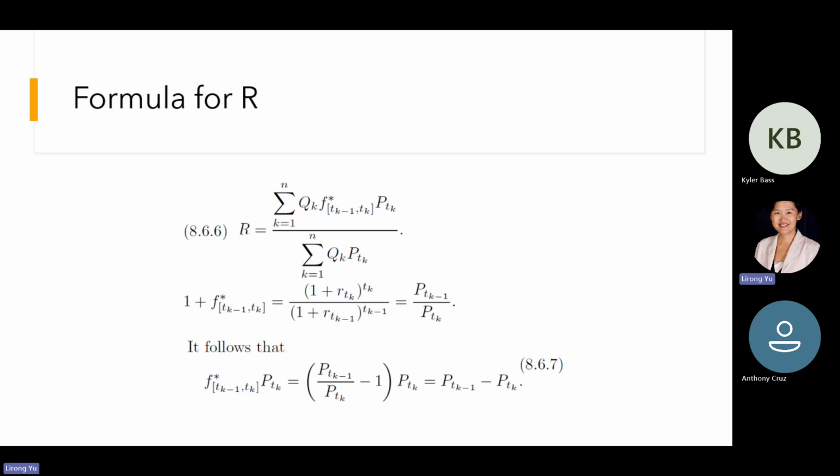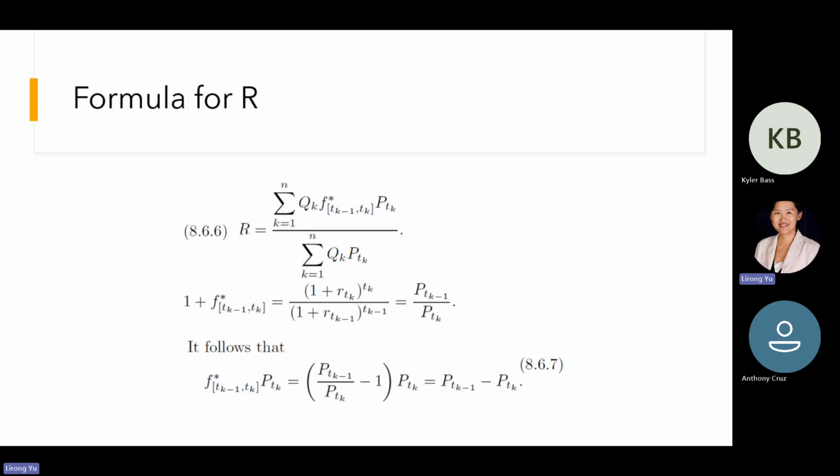Okay. So for the F in the numerator, we need the forward rate from t_{k-1} to t_k. That forward rate is actually equal to (P_{t_{k-1}} minus P_{t_k}) over P_{t_k}, and then we also have to multiply that by the period length.